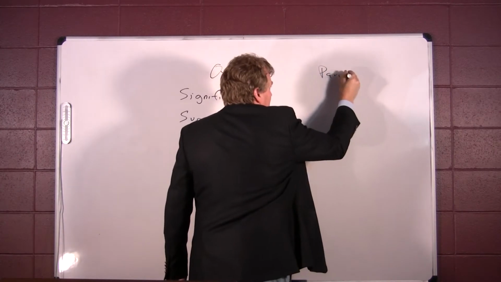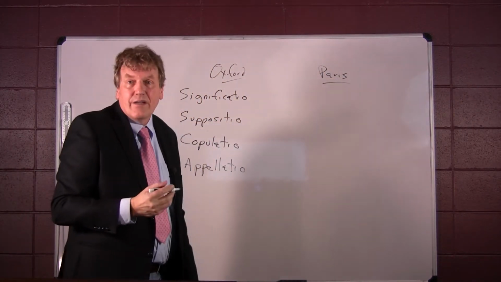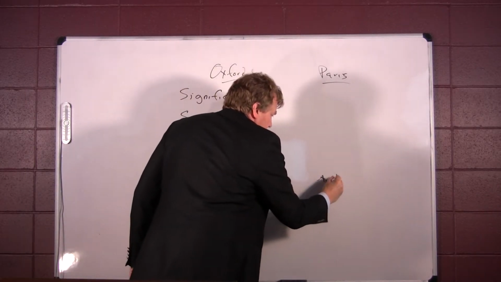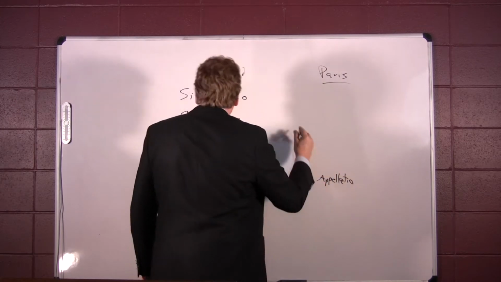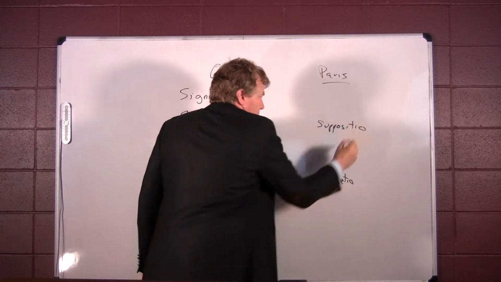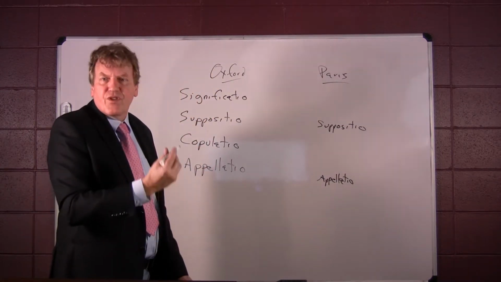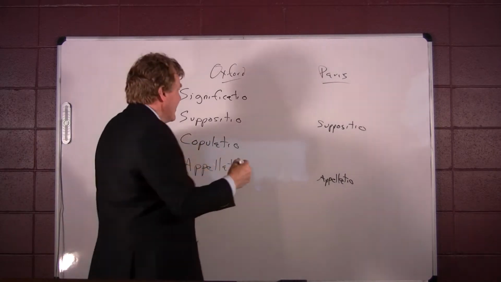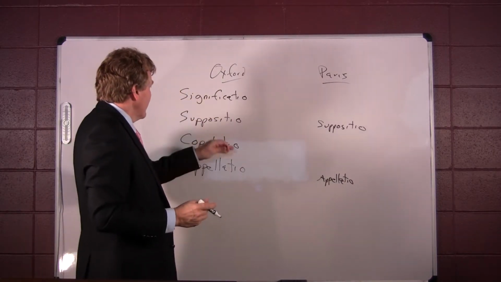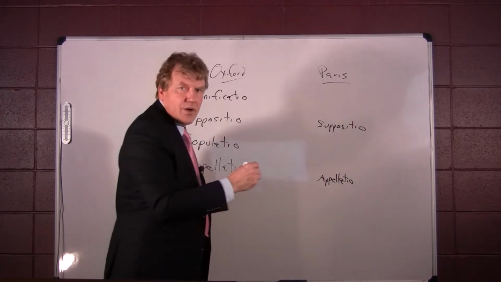And over here, so this is Oxford, Paris, and we have Lambert of Lagny. He certainly holds to appellatio, and he holds to suppositio. Restrictio, distributio, and relatio: these are new. Copulatio falls by the side. Significatio is not as important anymore.